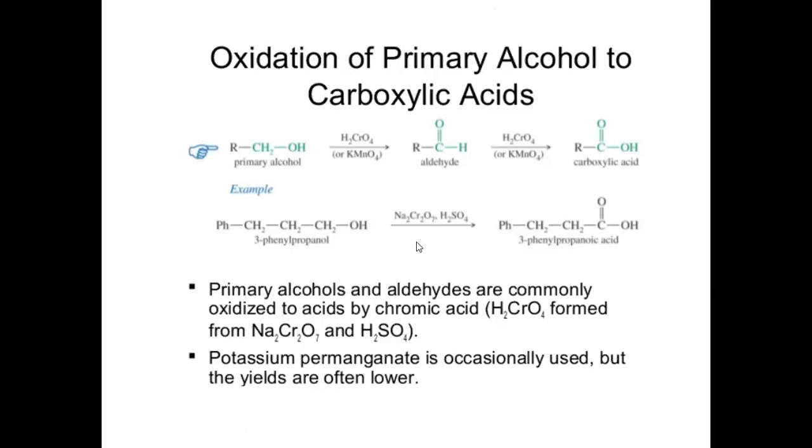In the presence of sulfuric acid and sodium dichromate, it produces 3-phenylpropanoic acid. Potassium permanganate is occasionally used, but the yields are often lower, right?